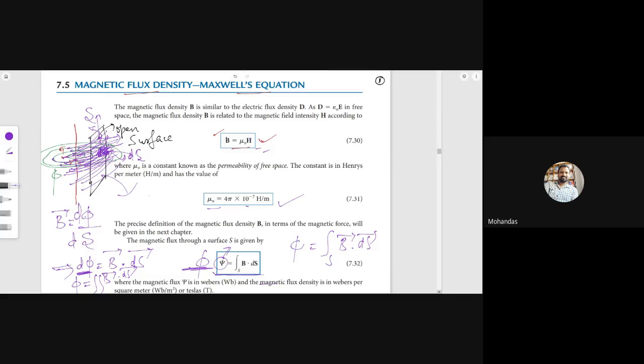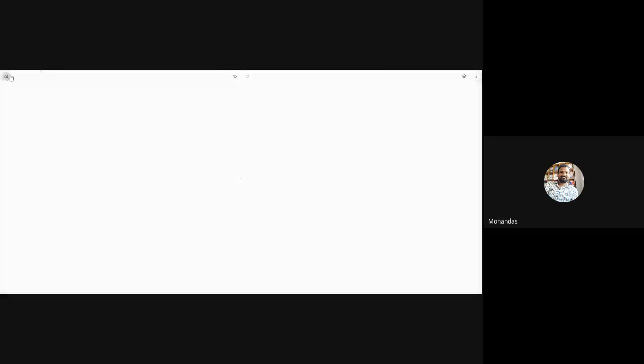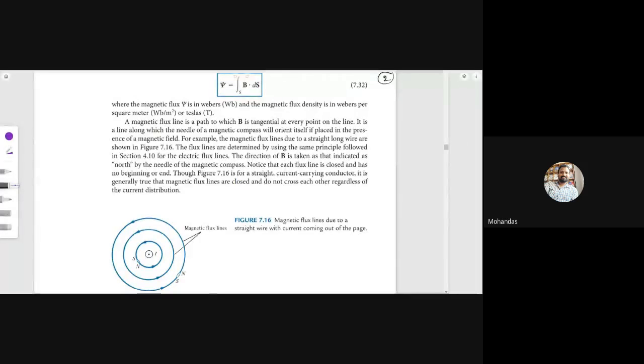Instead of taking an open surface, if I take a closed surface here, let me open another slide. Yeah, see, this is the formula to calculate the total number of magnetic flux lines leaving through the open surface area.